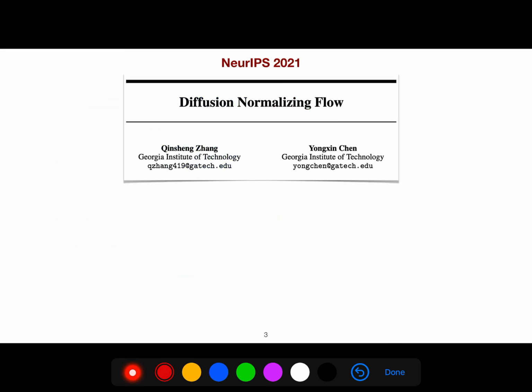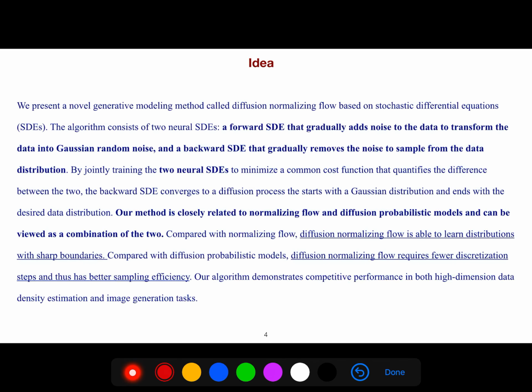So this paper in 2021 in NeurIPS is really interesting. The algorithm consists of two neural stochastic differential equations: a forward SDE that gradually adds noise to the data to transform the data into Gaussian random noise, and a backward SDE that gradually removes the noise to sample from the data distribution.